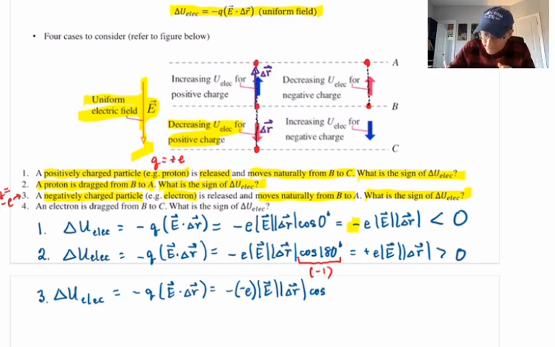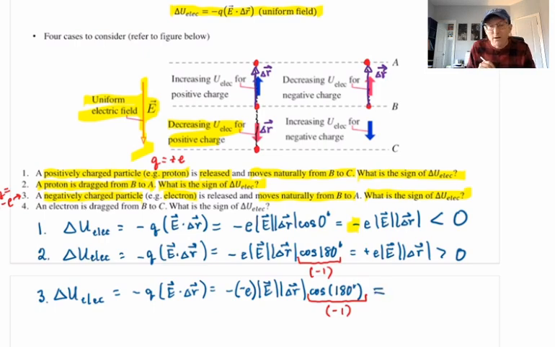Well, let's think about this. The delta R is up for my electron here. But the E is down. So what's the angle between them? 180 degrees. Cosine of 180 degrees is negative 1.